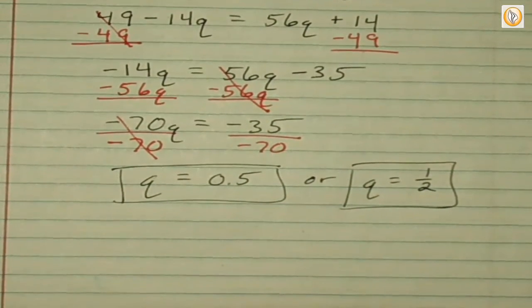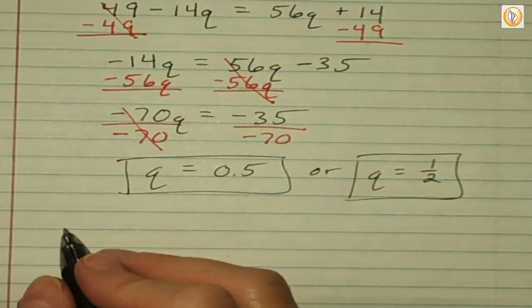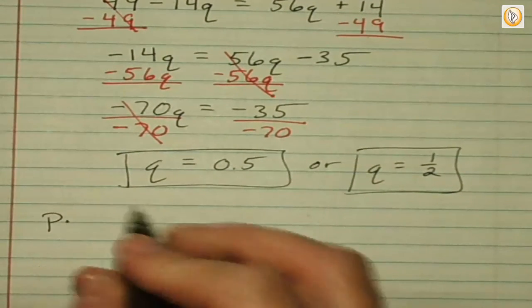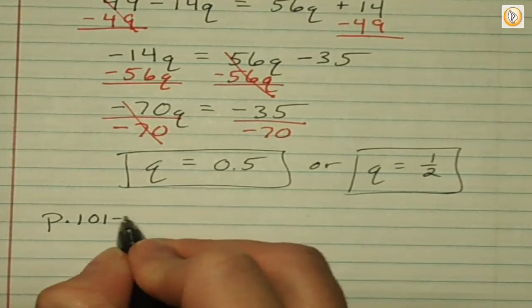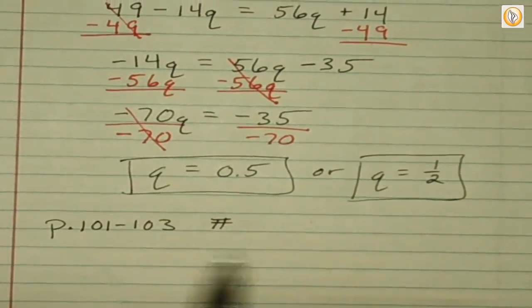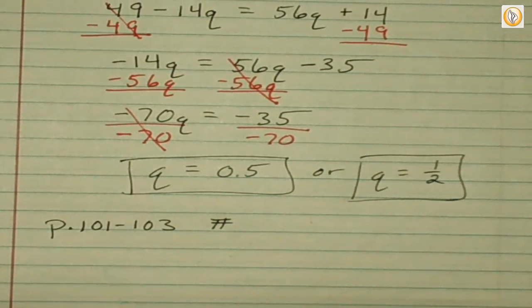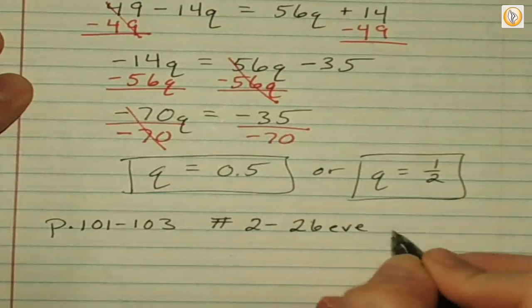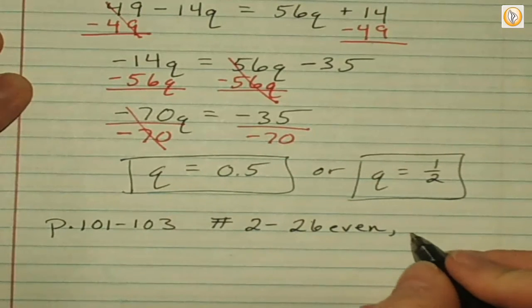None? All right, here we go. You're going to do page 101 to 103. Numbers 2 through 26 even, that's 13 problems.